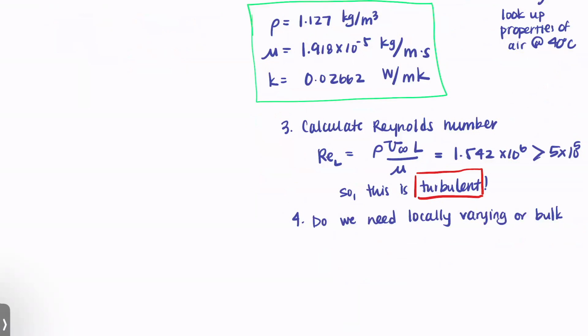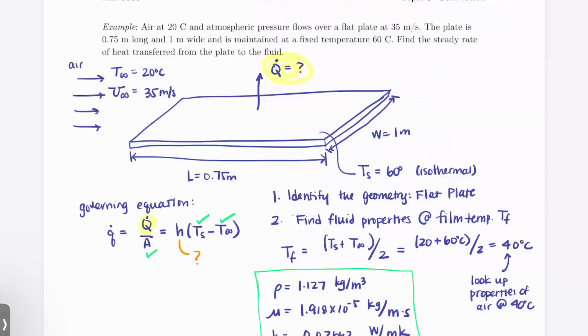All right, so here's our section for flow over a flat plate. It's isothermal, but it's not laminar, so we go with the mixed flow. So here's our isothermal flow over a flat plate. Local means something different from bulk, and it's going to be a mixed flow.